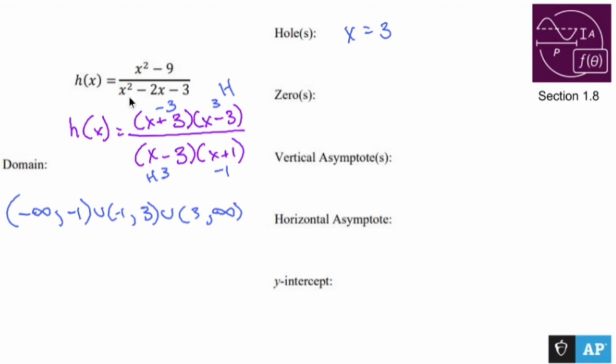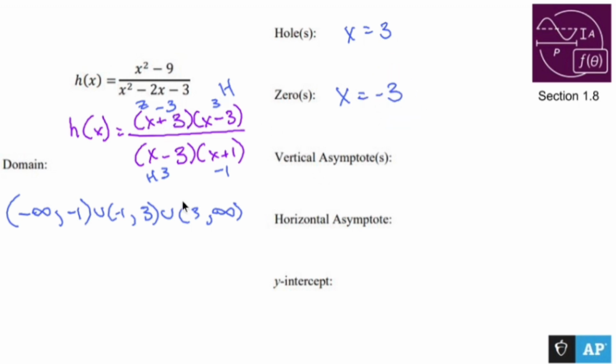My zeros are any number in the numerator that equals 0 that is not a hole. I'm sorry, 3 is a hole. 3 is not a zero because I'm not allowed to plug in 3 in the first place. So the zero is negative 3, and that is it.